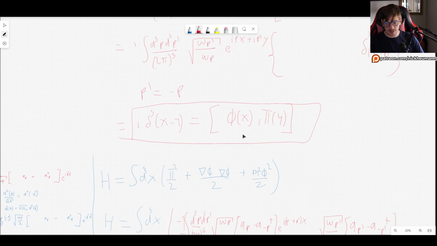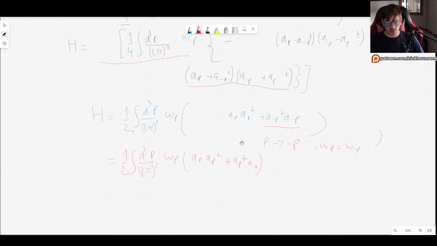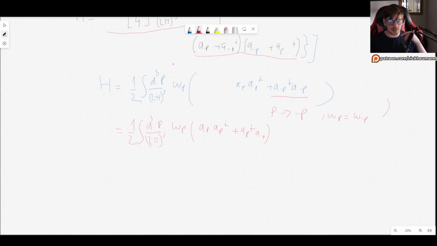So let's see, down here. We will do the exact same procedure as we did in the quantum harmonic oscillator. So here we will just add and subtract something so that we can build our commutator. Since we want to build the commutator of a_p and a_p dagger, of which we know the result, we still need to have a_p dagger a_p, and we will also add it so that we are not doing anything illegal.